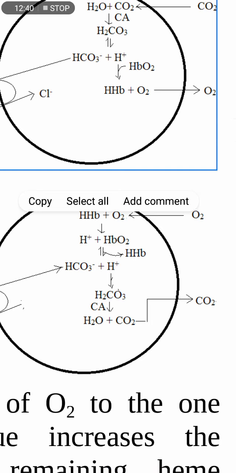What will be the fate of the other part of the carbonic acid, that is the hydrogen ion? Hydrogen ion binds with the oxyhemoglobin to form reduced hemoglobin and the oxygen, and this oxygen is liberated into the tissue from the RBC.